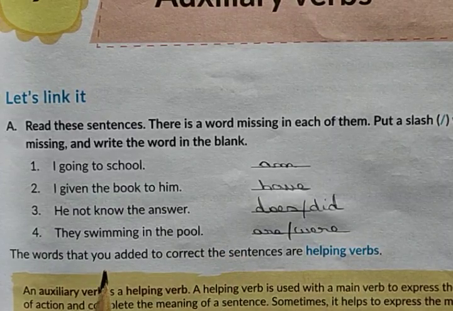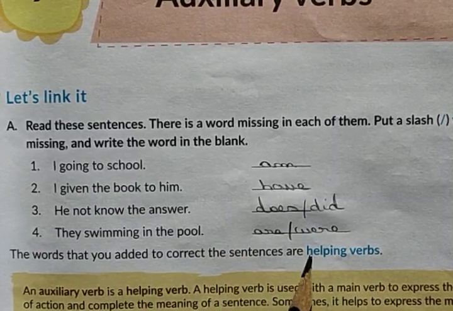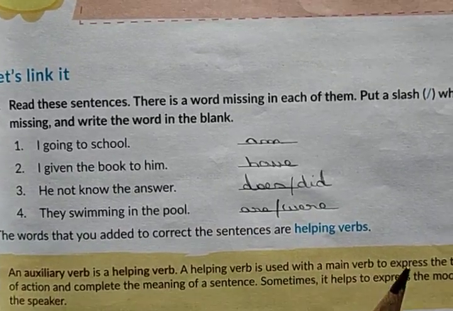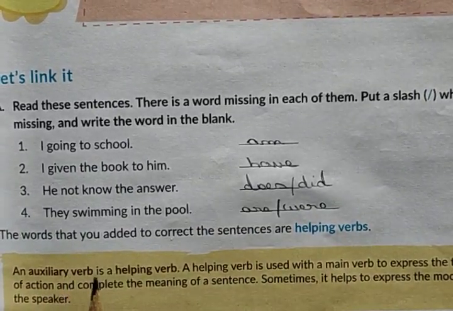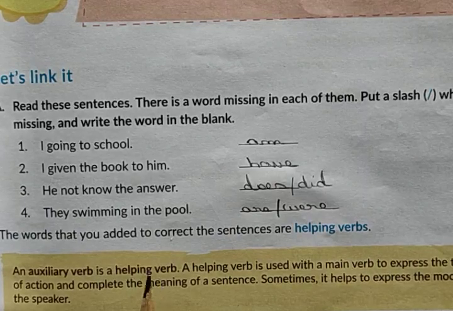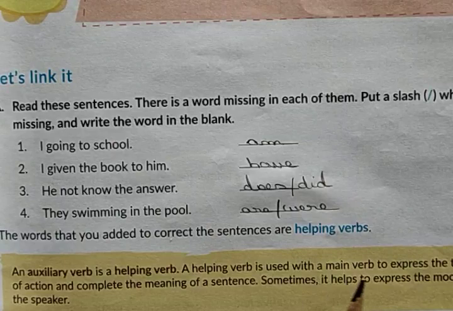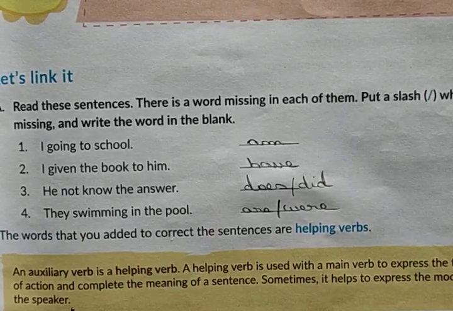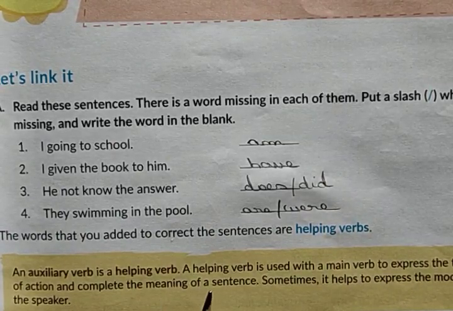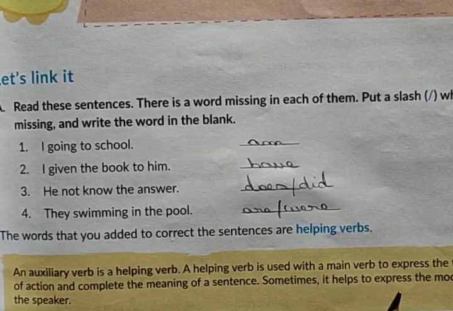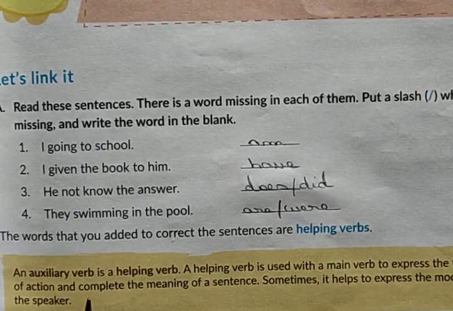The words that we added to correct the sentences are helping verbs. So an auxiliary verb is a helping verb. A helping verb is used with a main verb to express the time of action and complete the meaning of a sentence. Sometimes it helps to express the mood of the speaker.